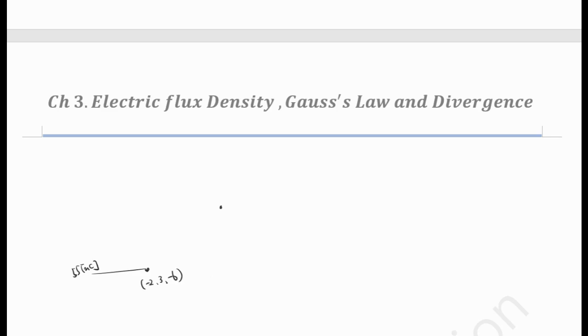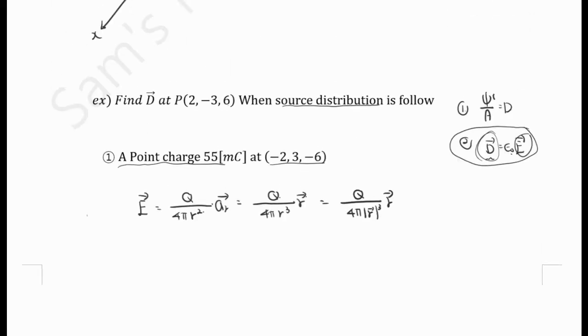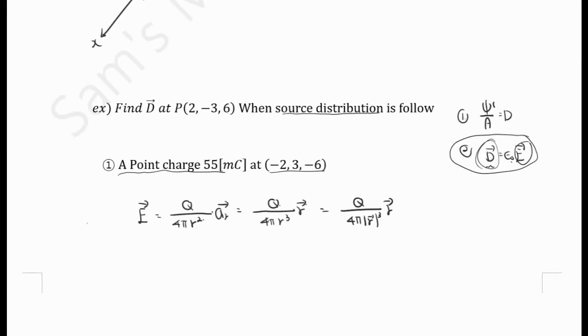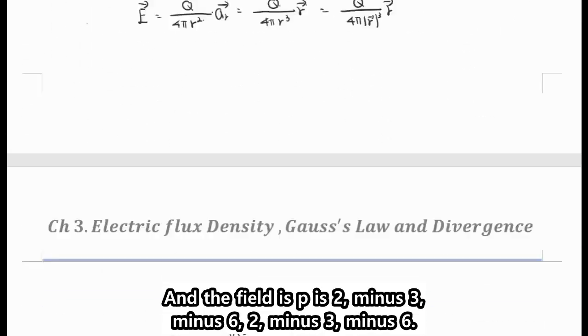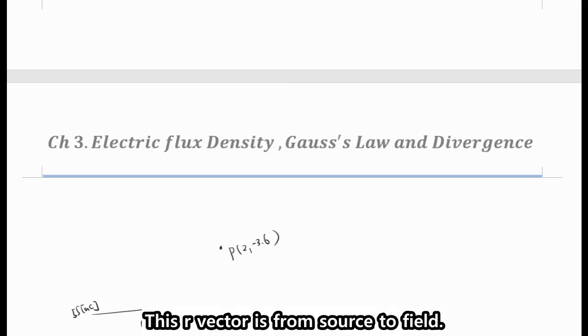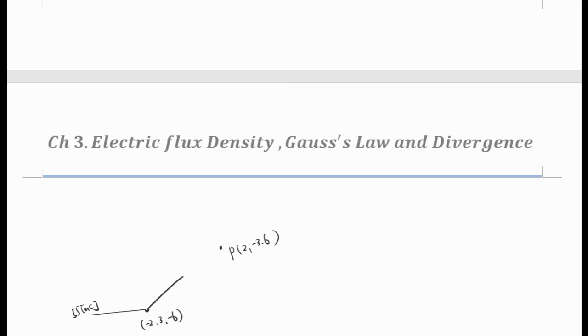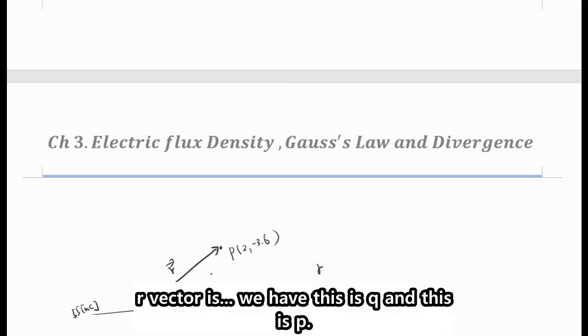The field point P is 2, minus 3, 6. The R vector is from source to field.